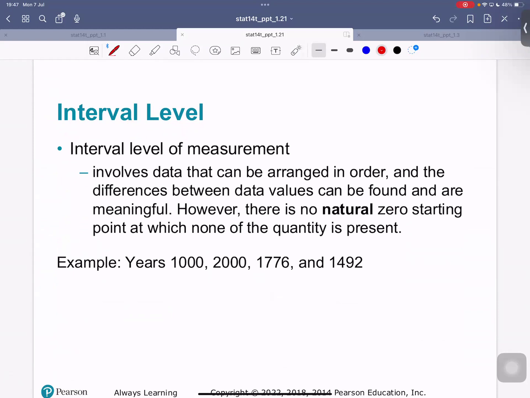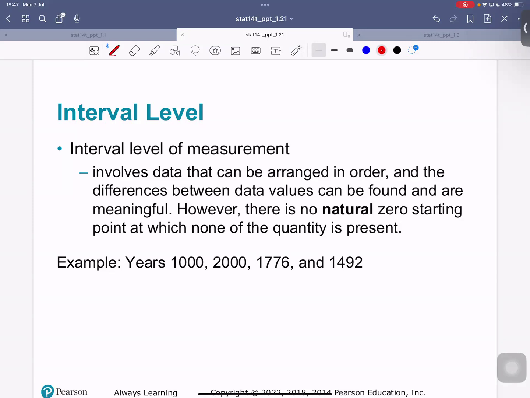We can arrange them in order, from small to larger, 1000, 1492, 1776, 2000, right? And what about the other condition in the definition? The differences between data values can be found, of course, because we can find the difference between years. So in this case, it's called the interval level of measurement.